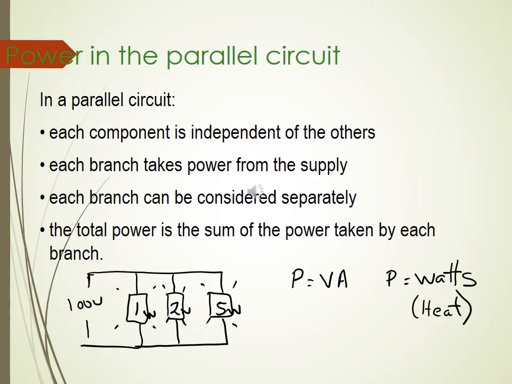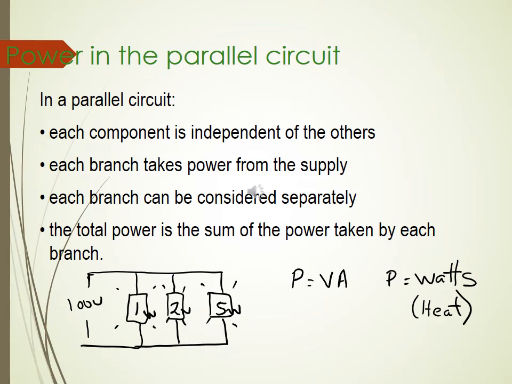Each of those three resistors are getting warm and dissipating heat. The total power for the circuit is simply the total amount of heat that is generated by those three resistors. So we can just simply add up the power in the first and second and third resistors.